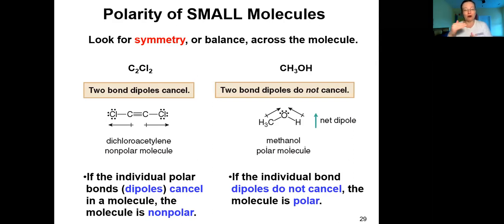We'll have a partially negative side to the molecule where the oxygen is, and a partially positive side of the molecule where the hydrogen and the carbon with the three hydrogens are attached. In this case, the individual bond dipoles do not cancel, and so my molecule is polar. Polar meaning it has a partially positive side and a partially negative side.